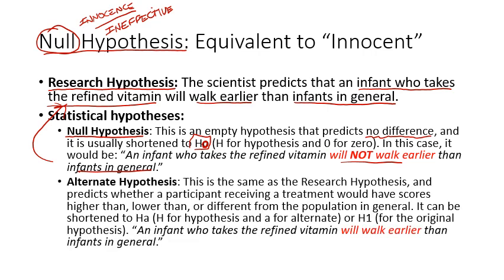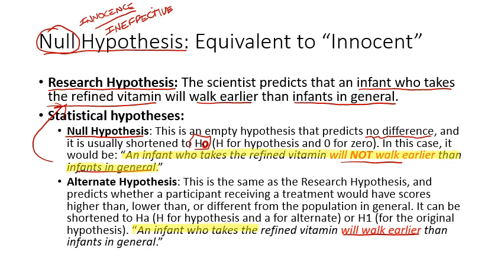And so the alternate hypothesis is the same as the research hypothesis, and it's just the alternate to the null, the one that, if we get evidence, will be supported. And here it is repeated: an infant who takes the refined vitamin will walk earlier than infants in general. So you'll see that these two hypotheses, the null and the research hypotheses, are identical. This is the null hypothesis, the empty hypothesis.